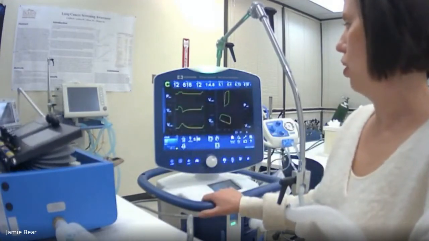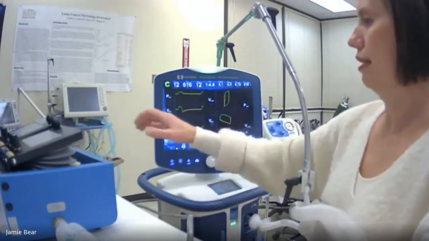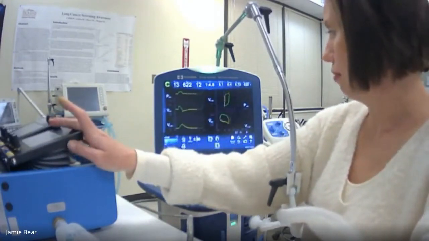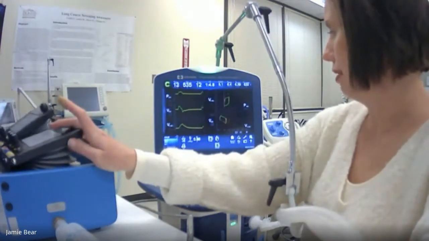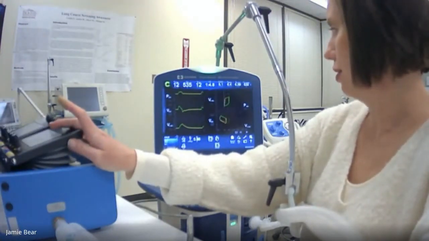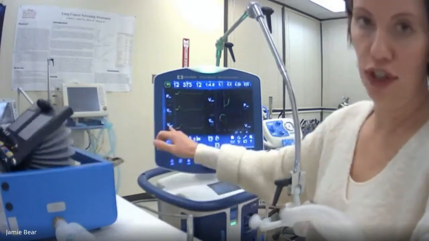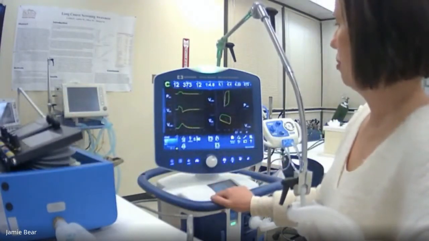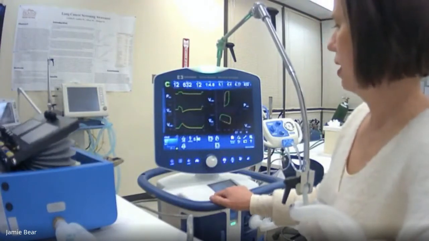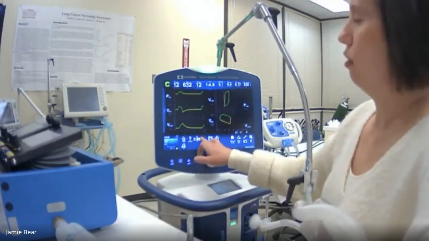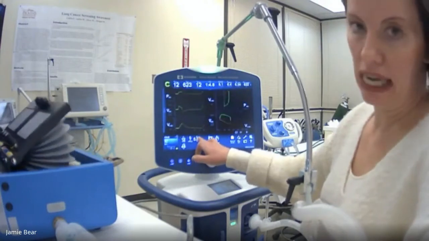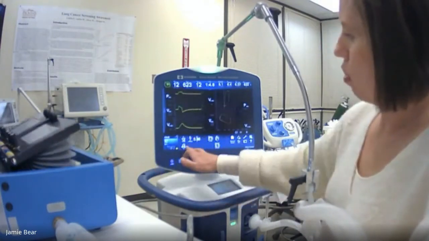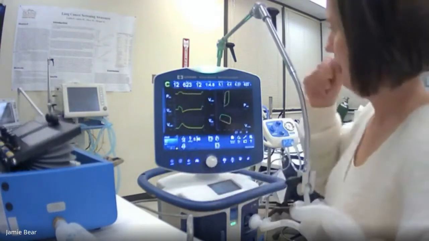And now flow right here will change as the mechanics change, and the volume will change as we're in pressure control. Now, one of the things that is pretty cool about this, now we can control our inspiratory time. Notice our flow goes away, and now our rise time can change.